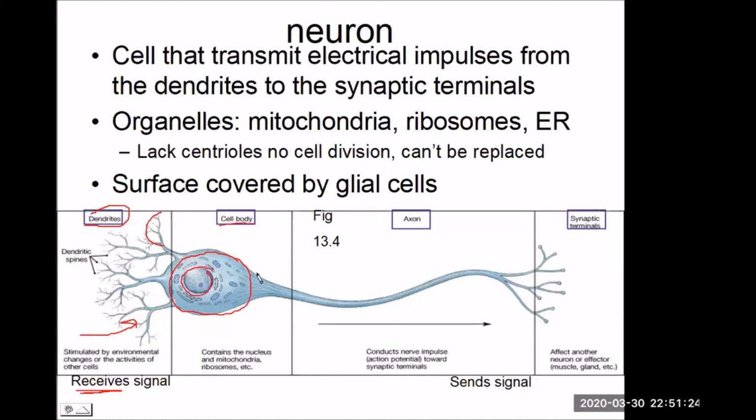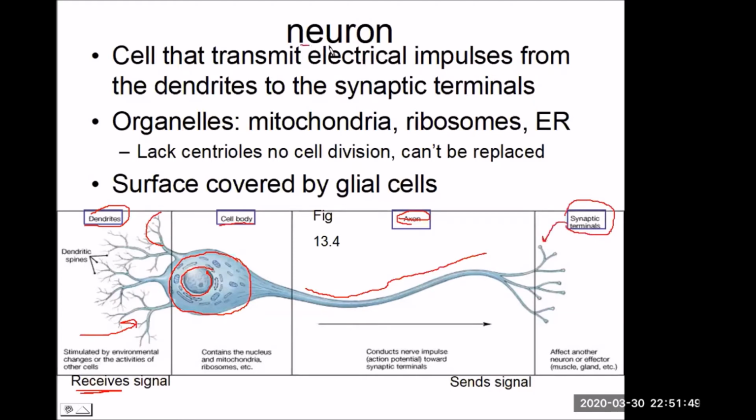And then you can see it tapers down to this long, slender axon. And some axons can be very, very long. In fact, neurons are the longest types of cells in our body. So that long, cable-like axon, and then branching at the end, we have the synaptic terminals.